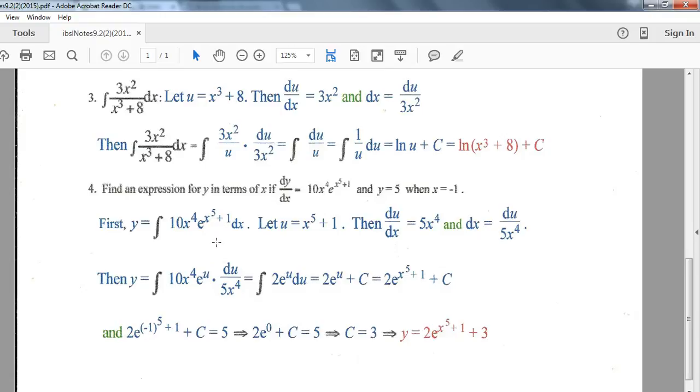But the one good thing about u substitution is it forces you to divide by the derivative of the interior function in this stage right here. And so that's kind of the one really major benefit that I see from u substitution, is that it forces you to take that step when so often people forget to do this. They will look at this problem and they will say, well, the integral of e to this is just e to this, and then they throw a plus c on it, and then they're done.